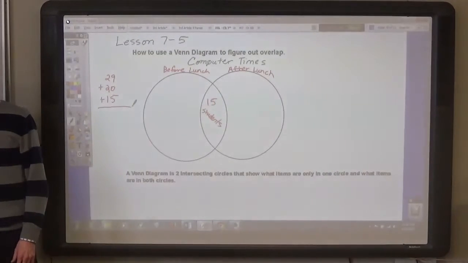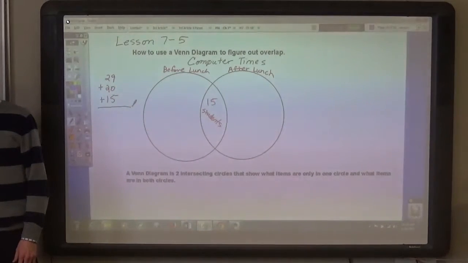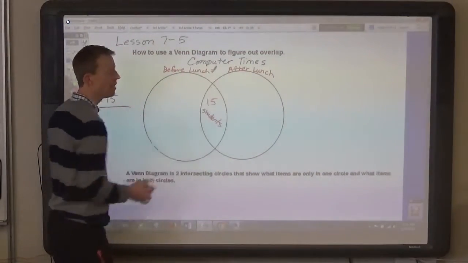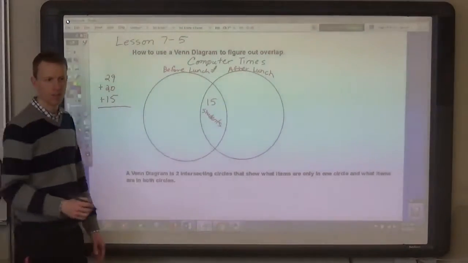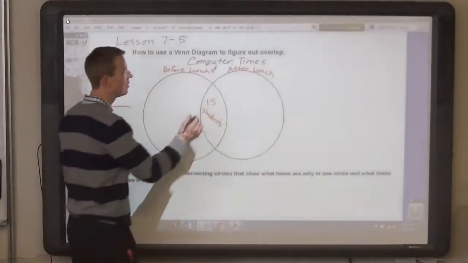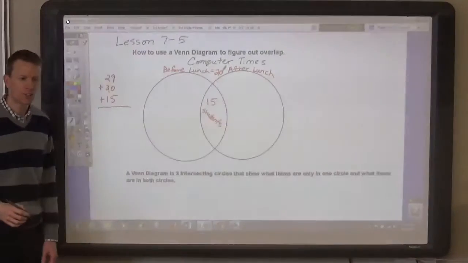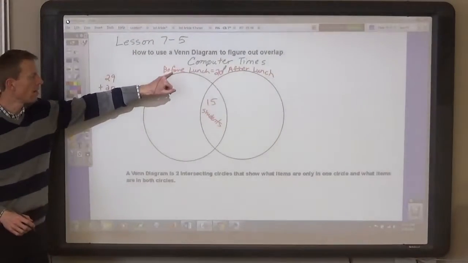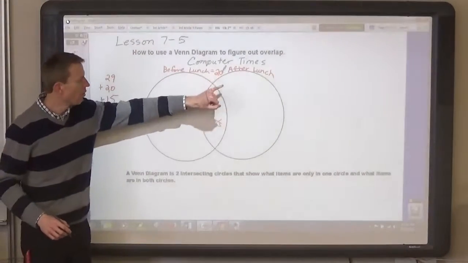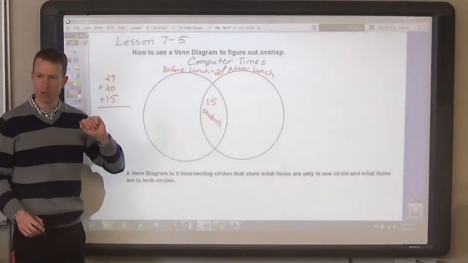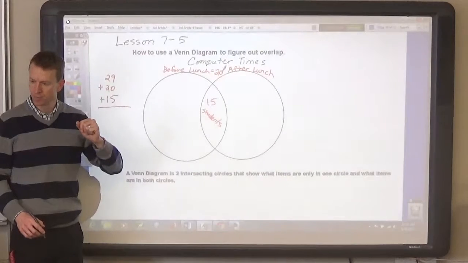So if we label that 20 students want computer time before lunch, how many students? 20 students want time before lunch. So this circle represents all the students that want computer lab time before lunch.